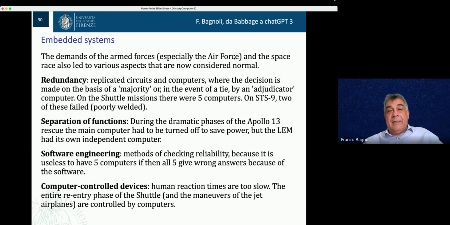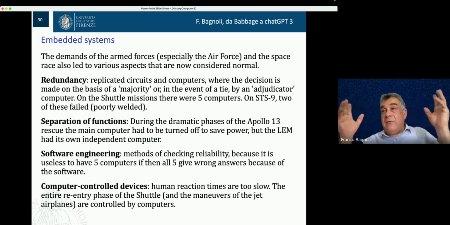Again, military demands shaped things that we are now accustomed to, but which were not normal at the time. For instance, redundancy. The idea is that in critical missions, you cannot trust a single computer, so you have to use maybe more than one, but how many? If two are not enough, because I suppose that they give different answers, how can you decide?